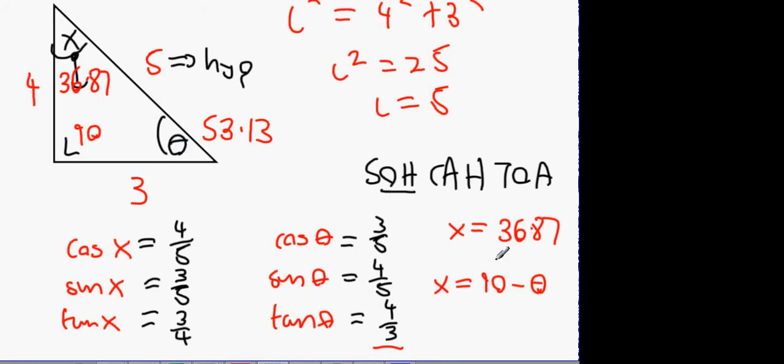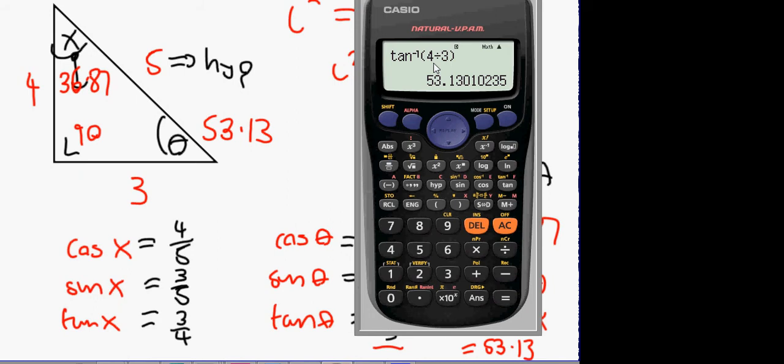This means that x is equal to 90 minus theta. And so therefore theta must also be equal to 90 minus x. Now what's 90 minus x? 53.13. That's exactly what tan inverse 4 over 3 is.